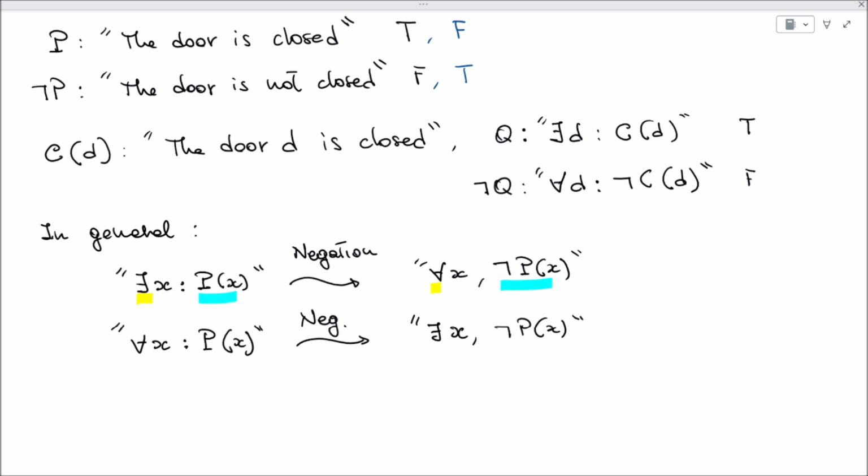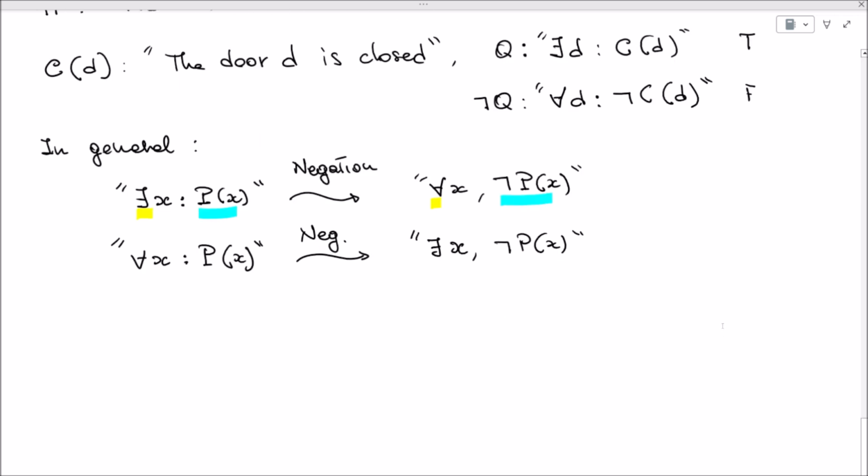Let's try to build a more complex example to apply these rules. Let's consider this predicate.